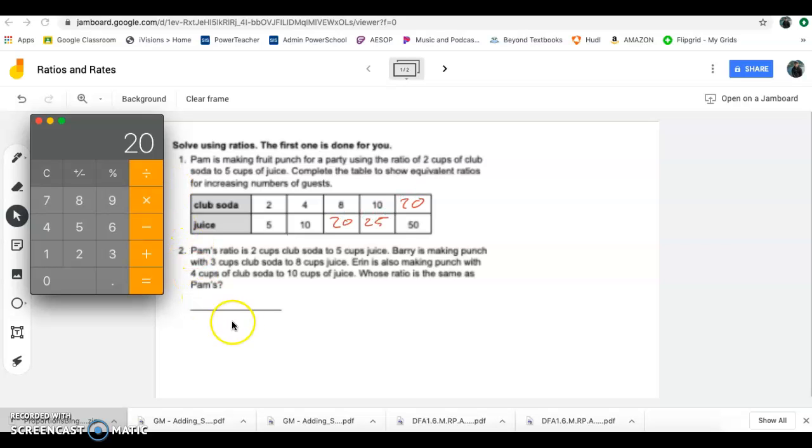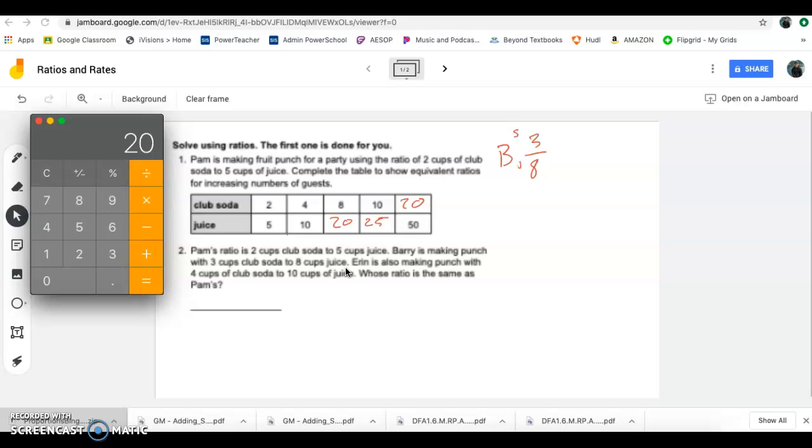All right, so let's talk about number 2. So Pam's ratio is 2 cups of club soda to 5 cups of juice, which we saw right here already. Barry's making punch with 3 cups of club soda to 8 cups of juice. So Barry's making a different kind of juice. Let's just write this as it happens. So Barry, that's going to be B for Barry, is 3 to 8. So it's soda to juice.